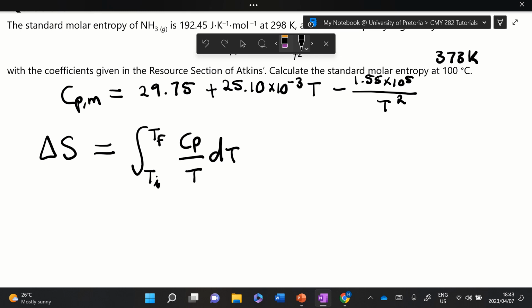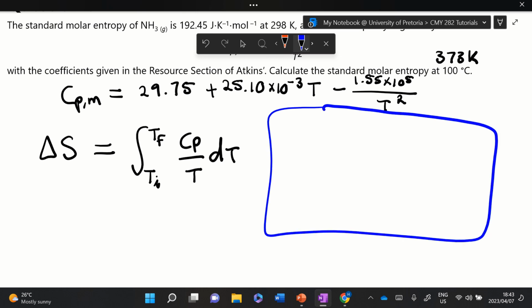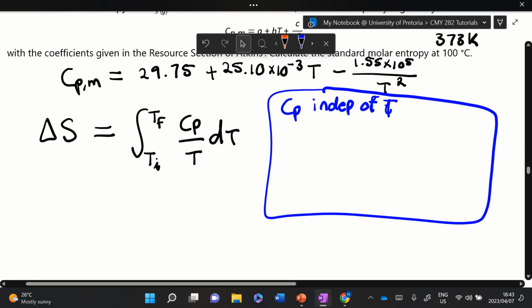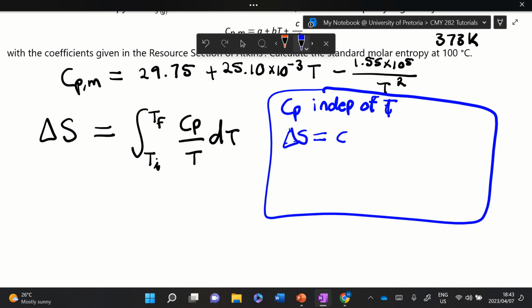And then normally, as a little side note, if Cp was independent of T, in other words, not a function like we have here, then we would have said delta S is equal to Cp times the integral of dT over T, which is just Cp ln of Tf over Ti, the equation you are very familiar with and have used 745 times.